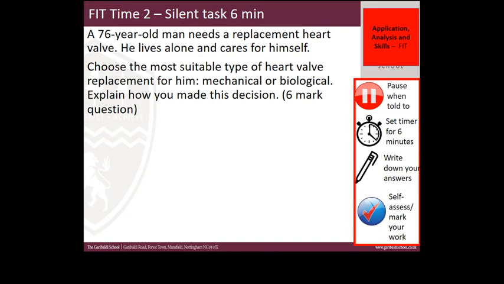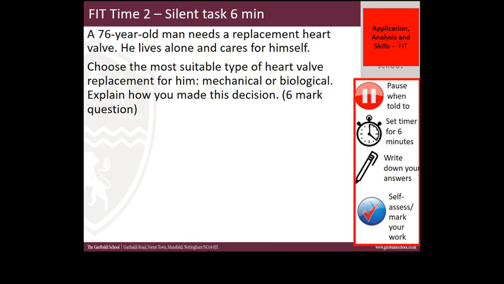Now it's at the end of your Word document. A 76-year-old man needs a replacement heart valve. He lives alone and cares for himself. Choose the most suitable type of heart valve replacement for him. Are you going to pick mechanical or biological? You need to state it, but also you need to explain how you made this decision.